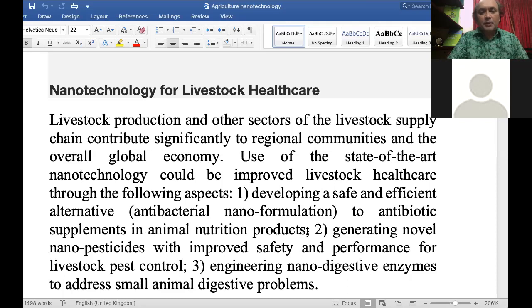Nowadays in livestock and poultry, synthetic antibiotics are being used, and synthetic antibiotics are hazardous. Some of the residue comes to our body through the food chain, and they are a big threat for antibiotic resistance. This is why antibacterial nano formulation is one of the alternatives to the antibiotics.